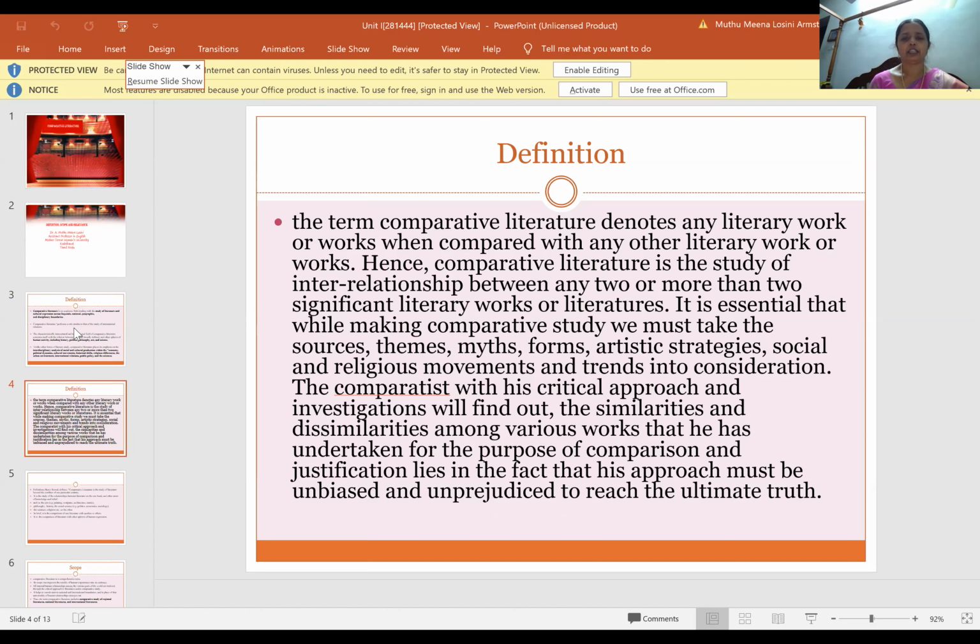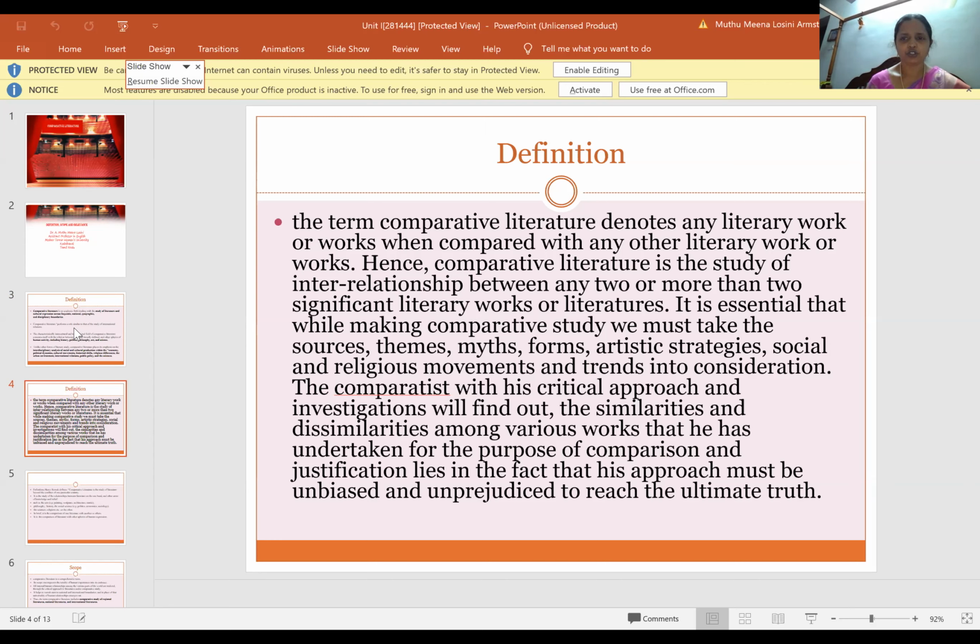So, may I repeat, what is comparative literature? Comparative literature is the study of interrelationship between any two or more than two significant literary works or literatures.